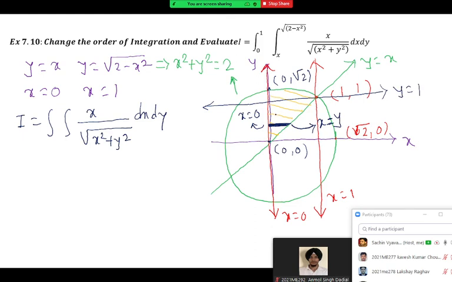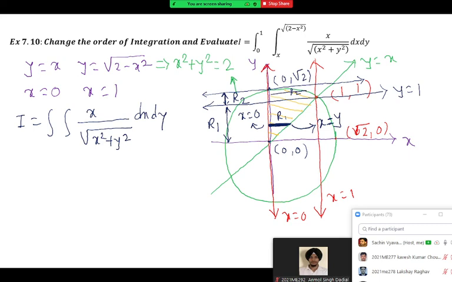Now this is R1. In between these two we have region 1, and from here to here we'll take R2. So the first strip we take for region 1, this side is R1, and this side is R2.